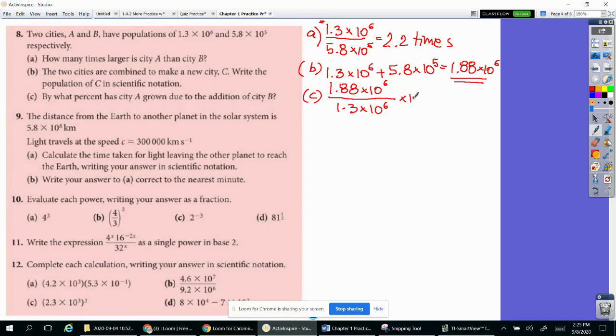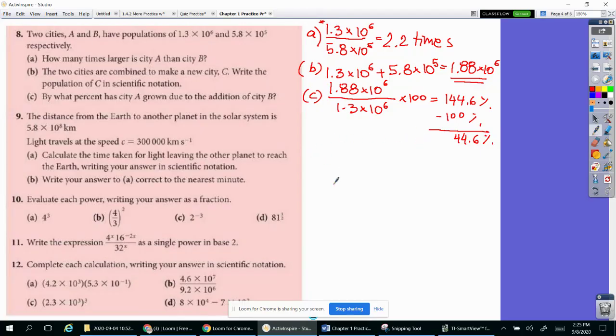We want to multiply that by 100 because we're going to get a decimal, and that turns out to be 144.6%. If the original city A was 100%, we have to subtract that to get the percentage growth, and this turns out to be 44.6% growth.